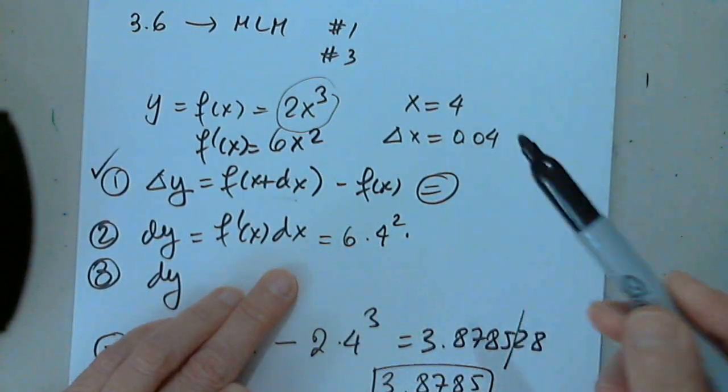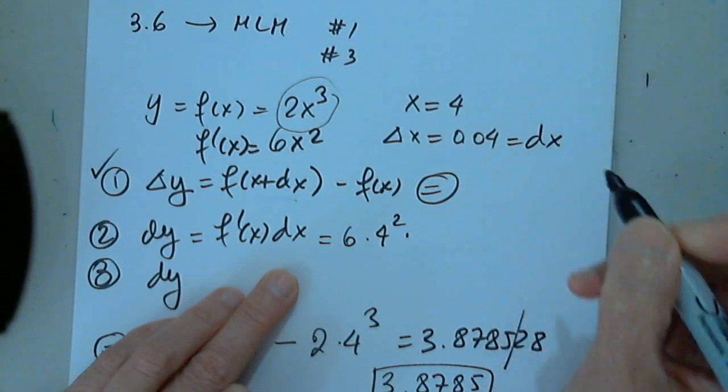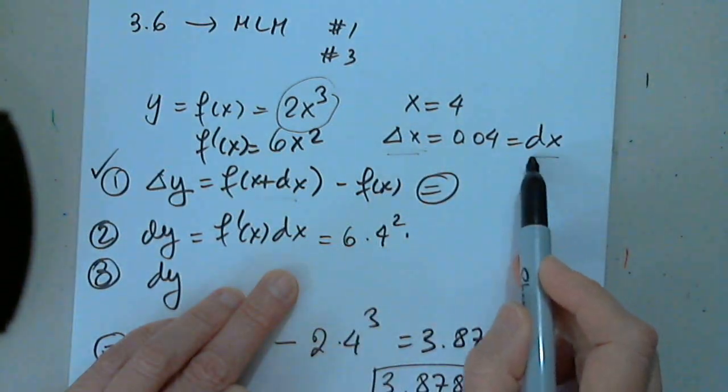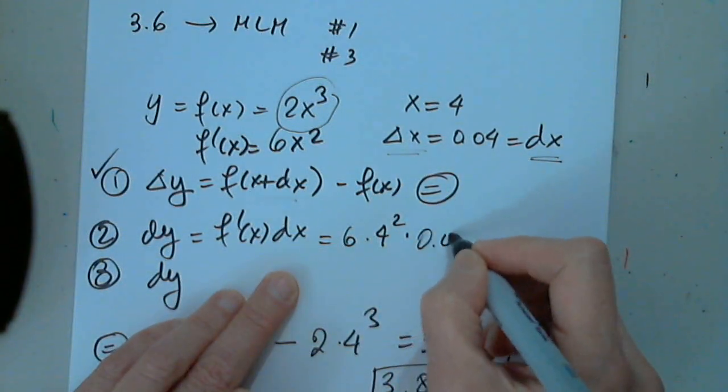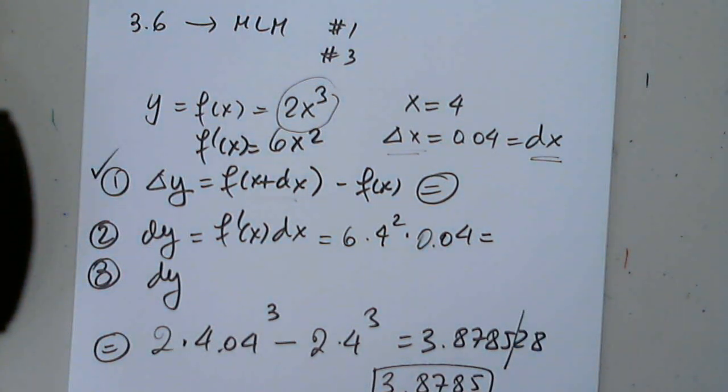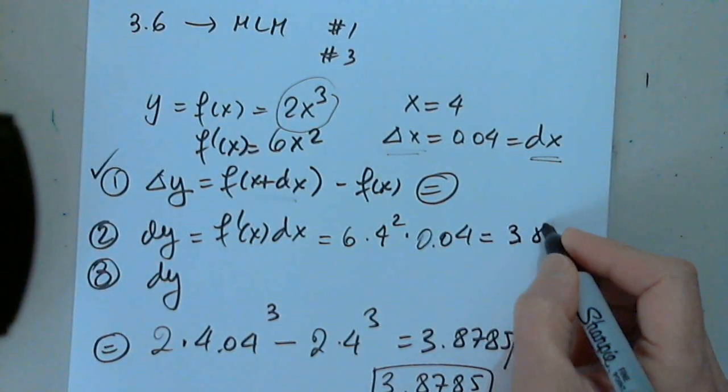Times dx, but this is the same thing. We always know that delta x and dx are the same value, times 0.04. Okay, so I'm sharing my screen. So here it is. We have 6 times 16, which is 4 squared, times 0.04, and we get 3.84.